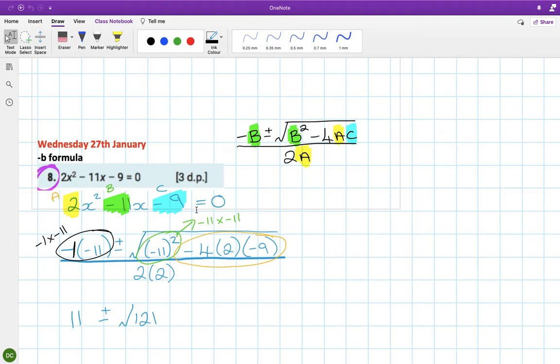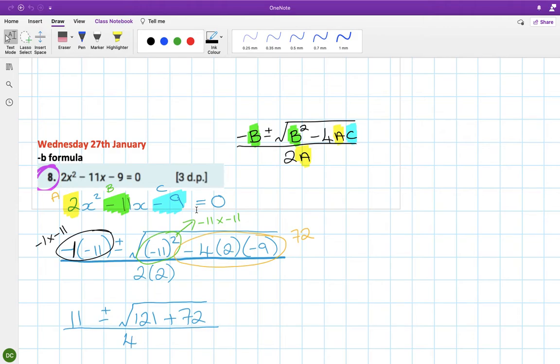So I'm going to go minus 4 bracket 2 bracket minus 9. And the answer I get for that is 72. The fact that it is just 72 means it's plus 72. So I put that in under my square root. And that is all over, the bottom line is 2 times 2, which is 4.